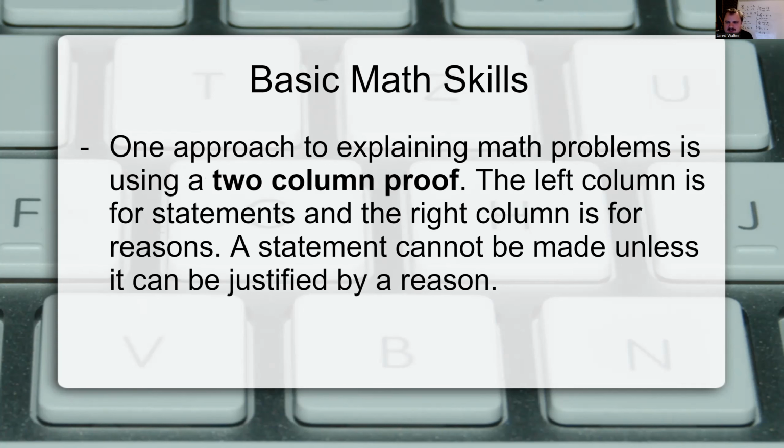And so when you're explaining math problems, one way to explain a math problem is to create something called a two-column proof. The way you're going to make a two-column proof, let me erase what I have here.